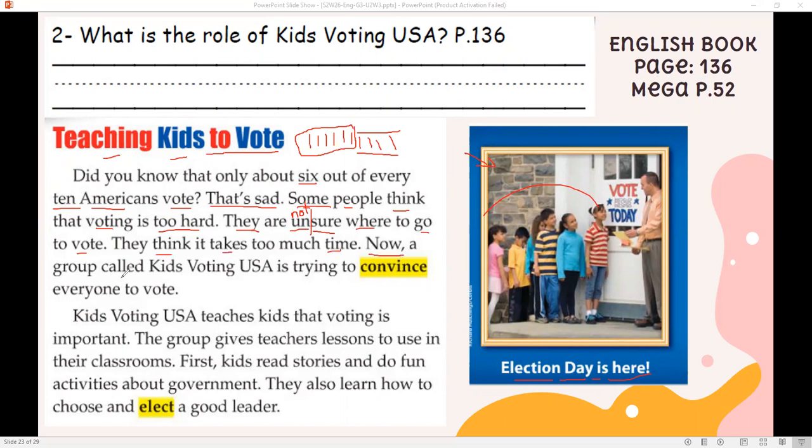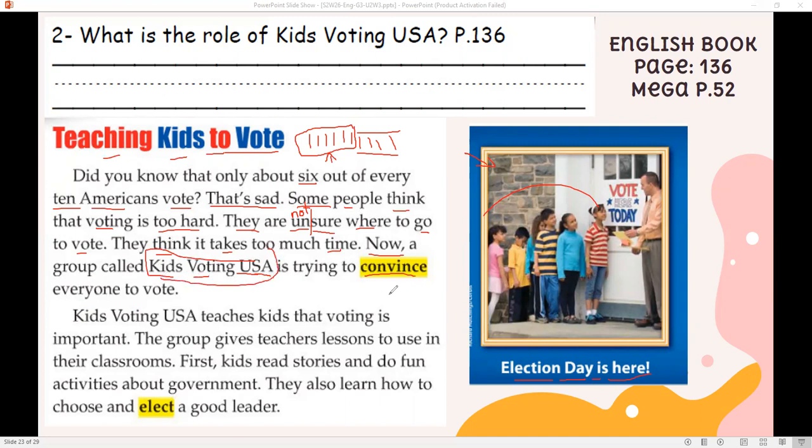Now, a group called Kids Voting USA is trying to convince everyone to vote. So, according to these statistics, only 6 people in America are voting out of 10, and the other 4 are not voting because they don't know where or how, for example. So in order to solve this problem, a group of people, including kids, named themselves Kids Voting USA.